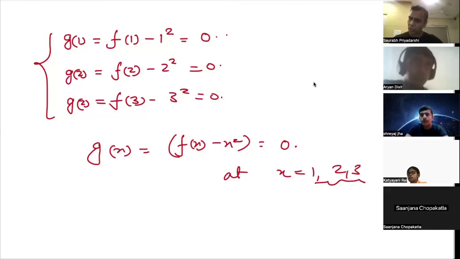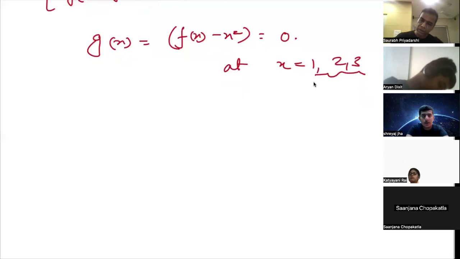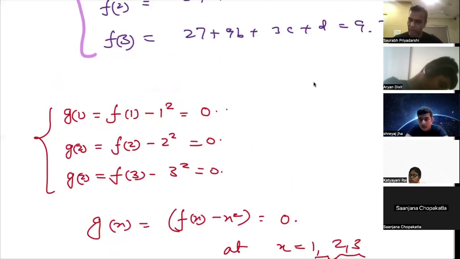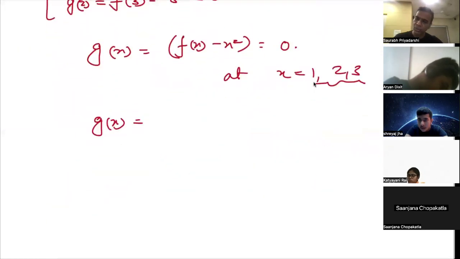Now, can we say that g(x) is equal to 0 at 1, 2, and 3, but since g(x) is a polynomial and the leading coefficient is 1, meaning the coefficient of x cube will be 1, as it is given in the question, right? So can I say g(x) is 0 at 1, 2, and 3?